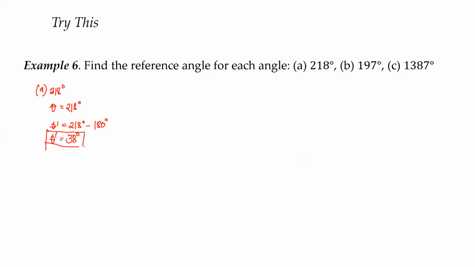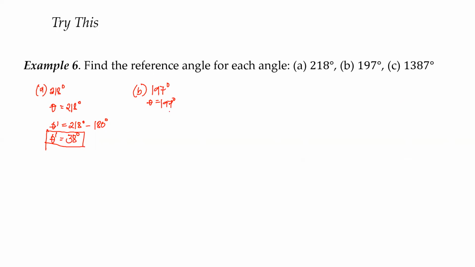Later on, we will know the importance of the reference angle. So, letter B, we have 197 degrees. Theta is equal to 197, and 197 is more than 180 but less than 270.